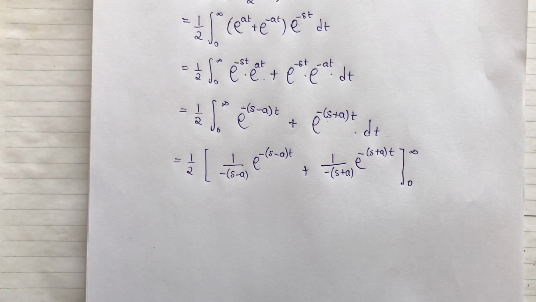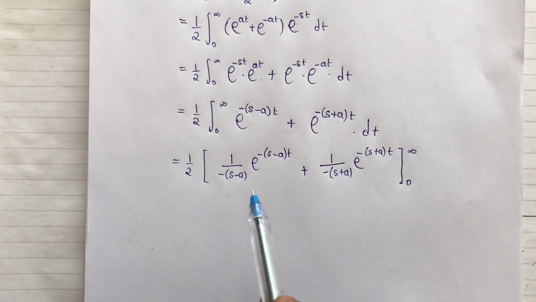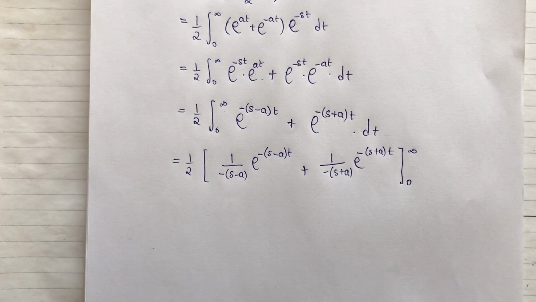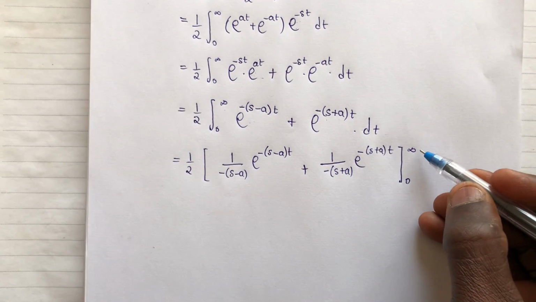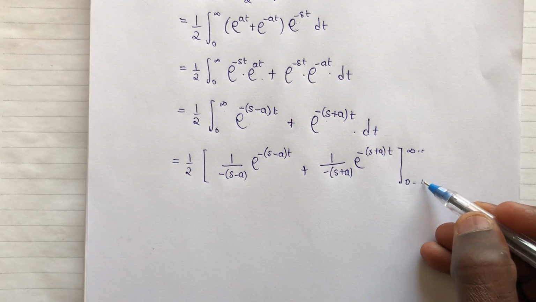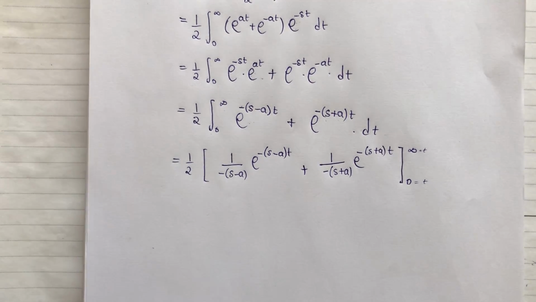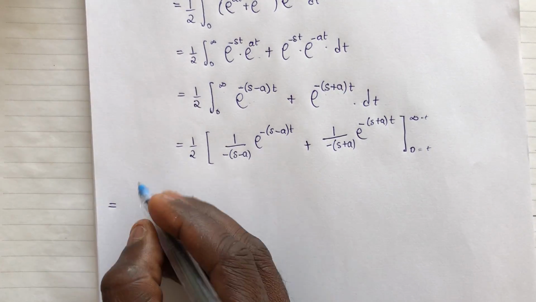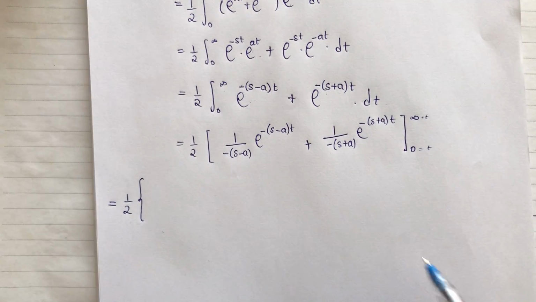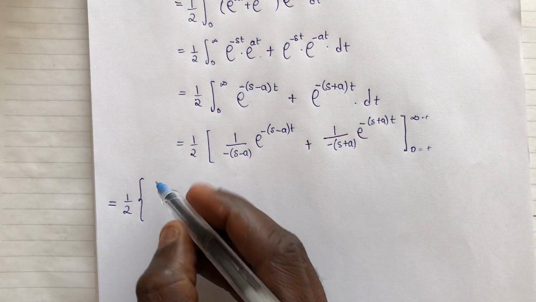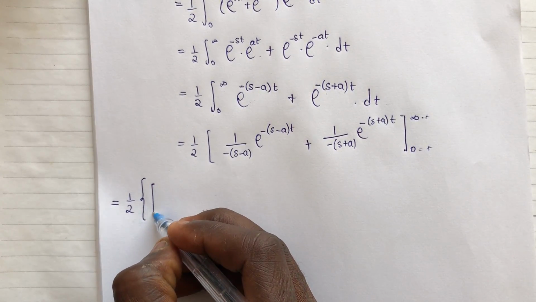Okay, in your next step, we introduce our upper and lower limit into the function. Remember that t ranges from 0 to infinity, so this side is equal to t, this is equal to t. So from here, we can rewrite this as 1 out of 2. Let's bring a curly bracket. We first introduce our upper limit. So this is it.